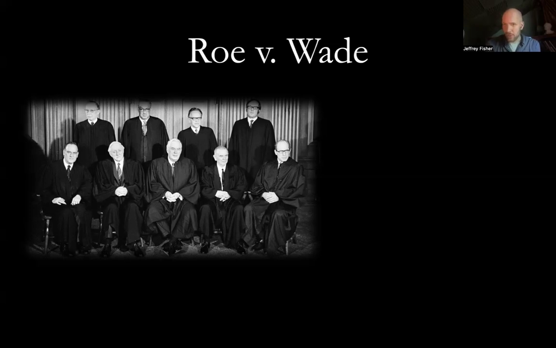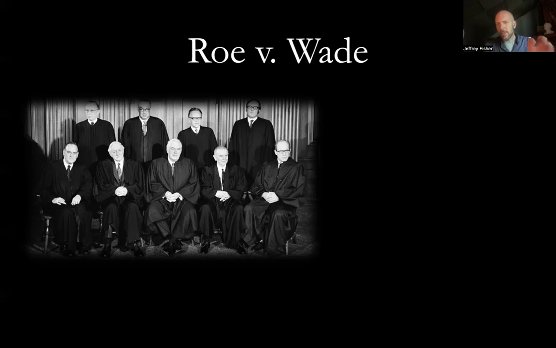And Dobbs versus Jackson, which we'll talk about more in a little bit, which overturned Roe versus Wade in 2022, simply argued that there was no such constitutional right, that you can't find such a right in the Constitution.